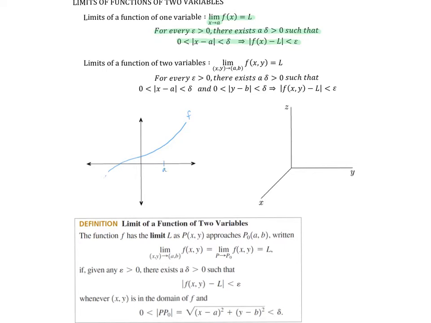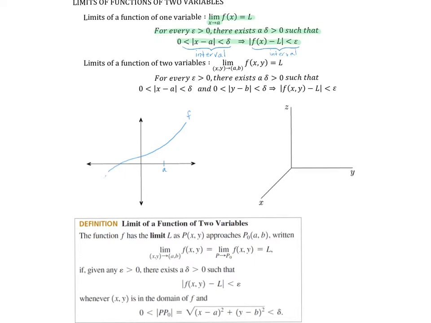Basically, this absolute value of x minus a between 0 and delta, that's an interval. It's an interval around our value a, and the absolute value of f of x minus L less than epsilon is also an interval. It's an interval around our limit L.